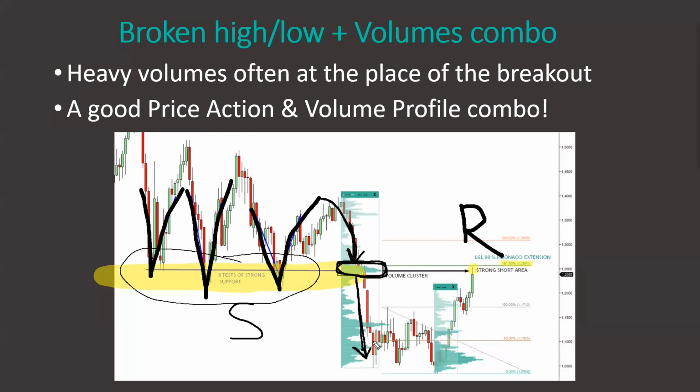And sellers, in the end, were stronger. They pushed through. But this was a very strong resistance. Not only were there those 3 rejections, which turned into a support, but also we have that significant volume area here, right? Remember when I told you that heavy volume areas work as strong support and resistance zones?